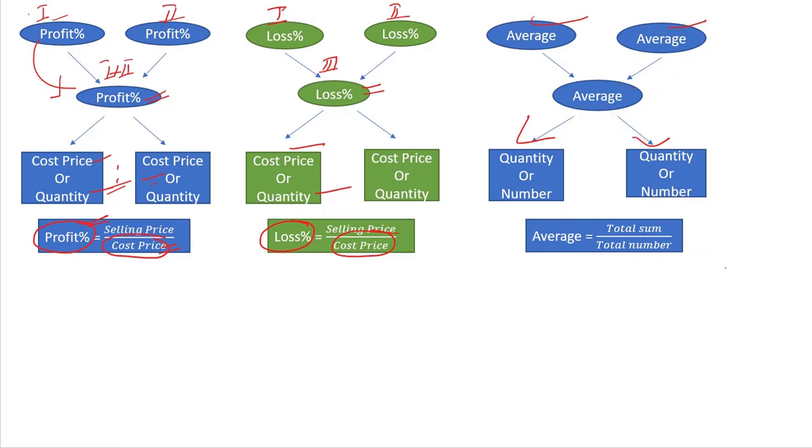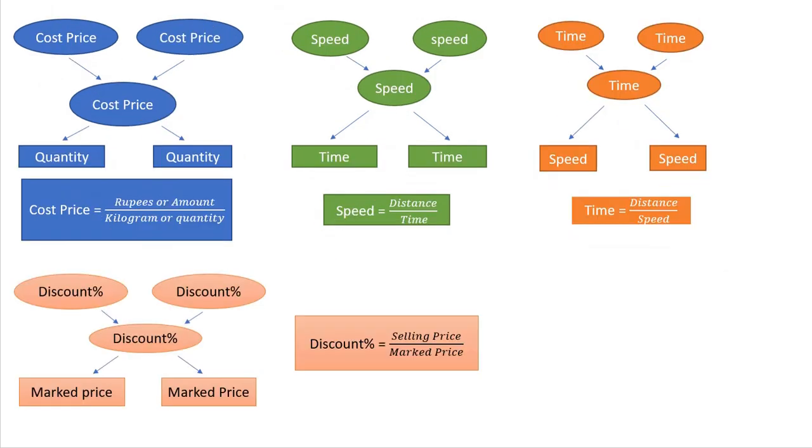In the next page we have cost price in the first item, cost price in the second item, and overall cost price, and then the ratio is quantity ratio, because cost price is calculated upon quantity. Here I'm naming it kilogram or quantity. Also with speed, the difference ratio is time, because speed is calculated upon time.